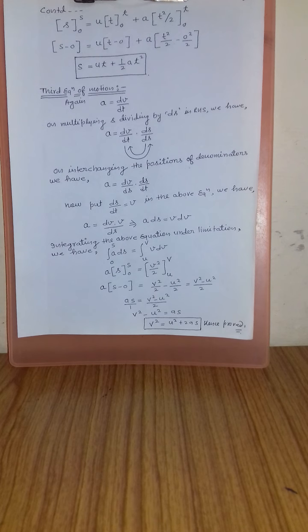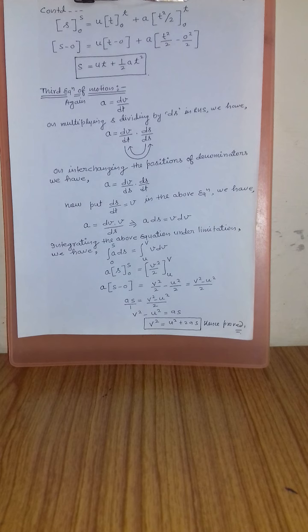Okay, so on your left hand side you will put capital S, the upper limit, in place of small s, minus you put 0, the lower limit, in place of s, is equal to u times the bracket: put upper limit t in place of t minus put lower limit 0 in place of t, plus a.